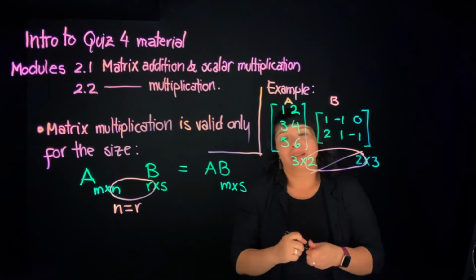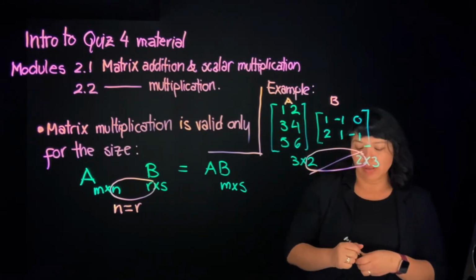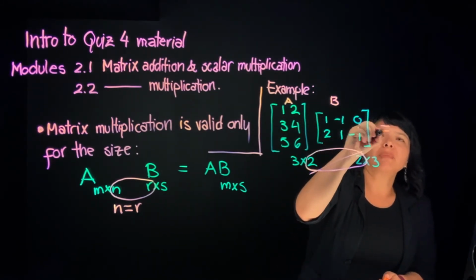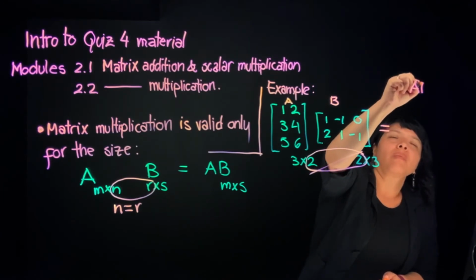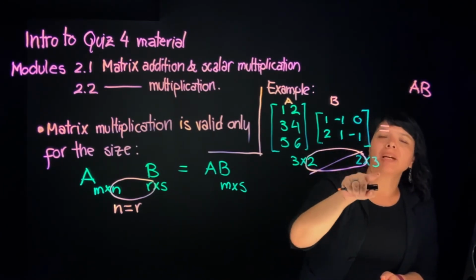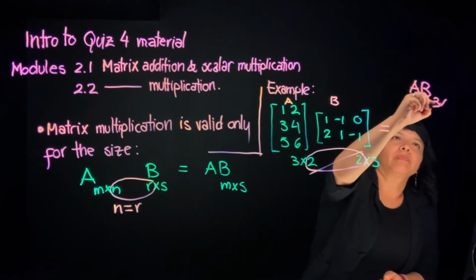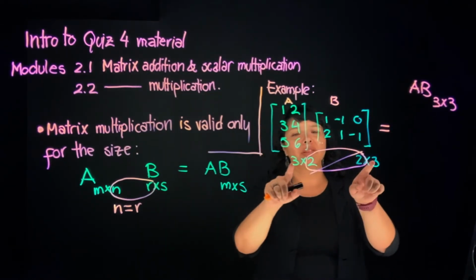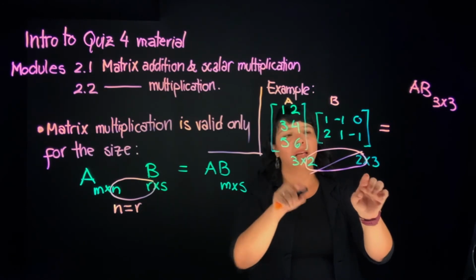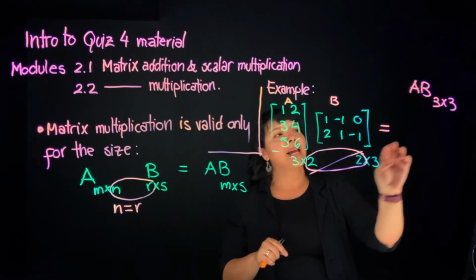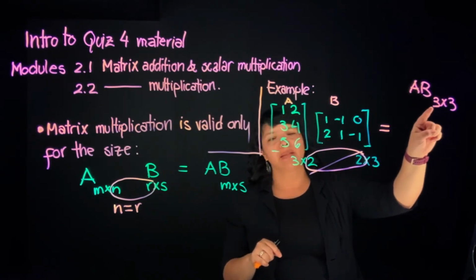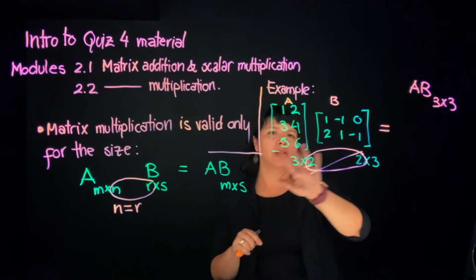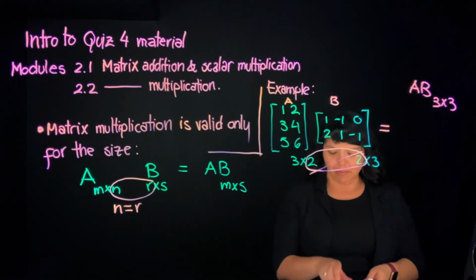As a mnemonic, think that they cancel. And what I do know is that my resultant matrix AB is going to be a 3 by 3 matrix. Remember that in general, these two don't have to be the same. This could be a 2 by 4, and then my resultant matrix would be a 3 by 4 matrix. But I just wanted to give you a simple example.